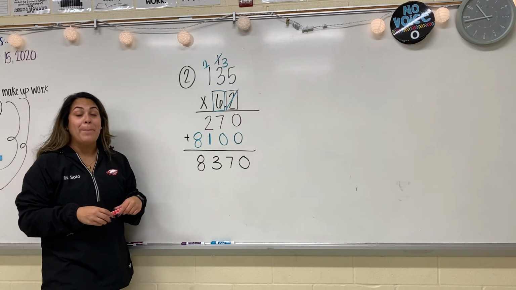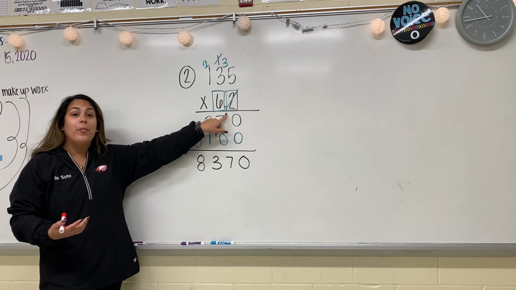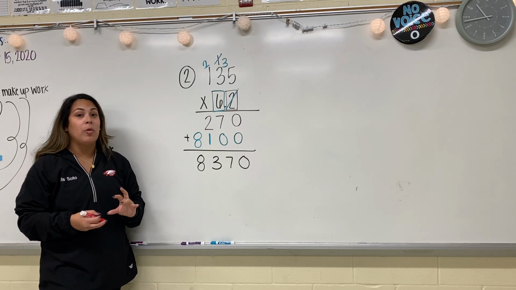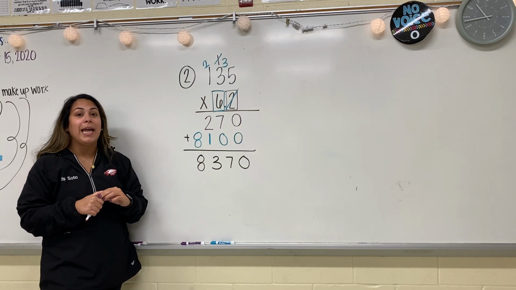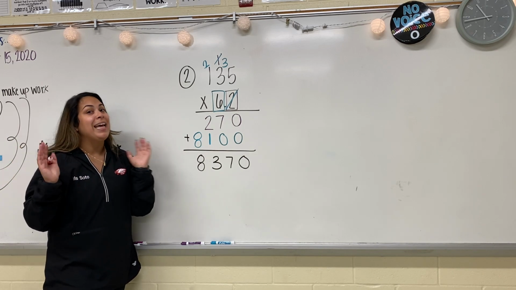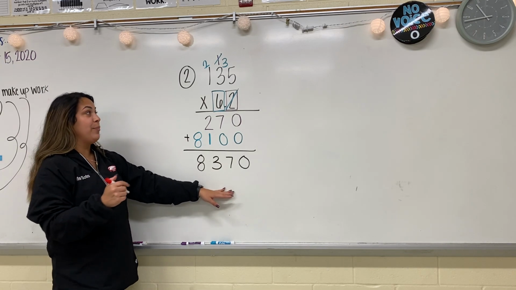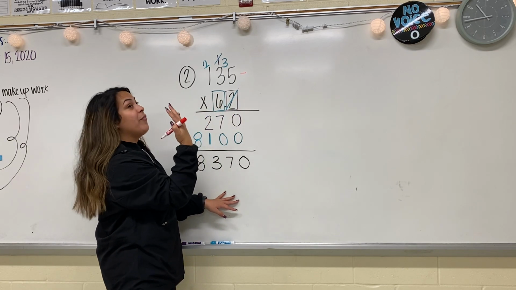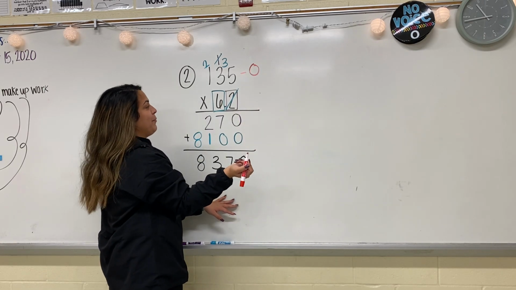I'm done solving, but I'm not done with my answer because I was working with a decimal. So remember, if there's a decimal point in our problem, there's going to be one in our answer. So I need to look at each individual number and see how many digits are behind the decimal point for each number, because that's going to tell me how many numbers are behind the decimal point in my answer. So if I look at 135, it doesn't have a visible decimal, so I'm just going to put 0 because there's not a number behind it.